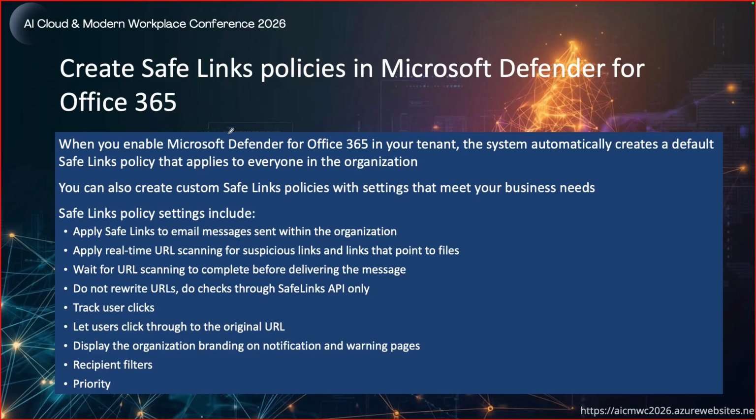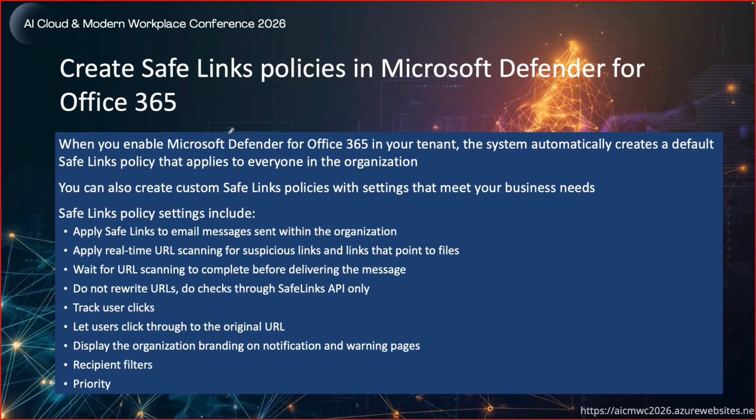Okay, wait for URL scanning to complete before delivering the message. This is related to Exchange and Outlook. Do not rewrite URLs. Do the checks through the Safe Links application programming interface only. Track user clicks. That's really a very important thing, because you can have the idea of if any user actually clicked on that specific link.